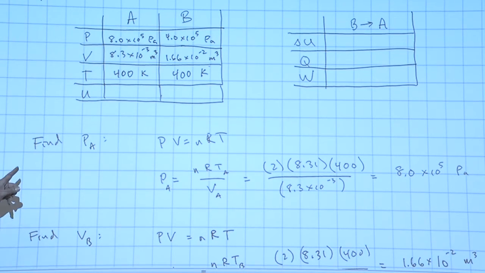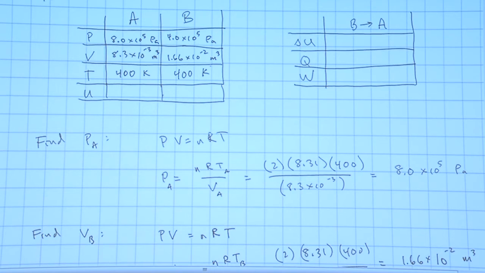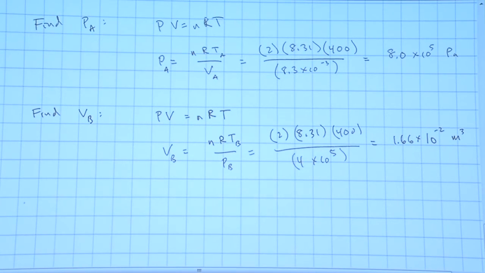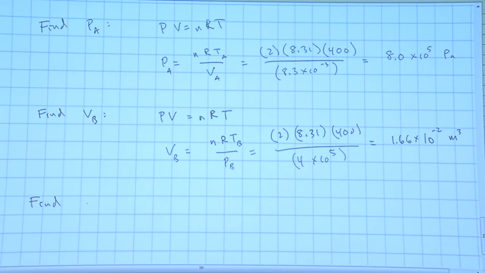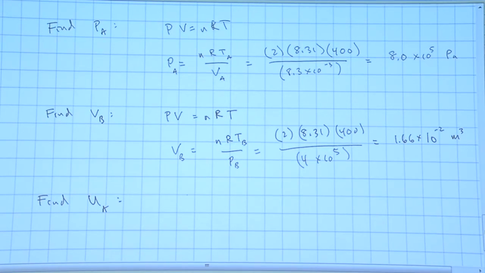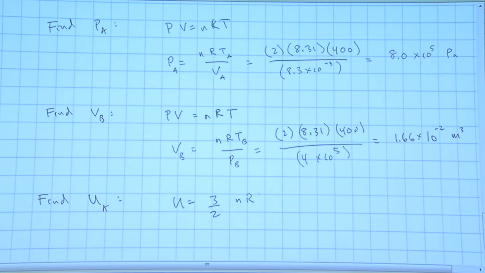The only thing I didn't is the internal energy, U. I know the temperatures, so I'm going to go ahead and fill those in. Because this is a monatomic ideal gas, U is three halves nRT. We had 2 moles.